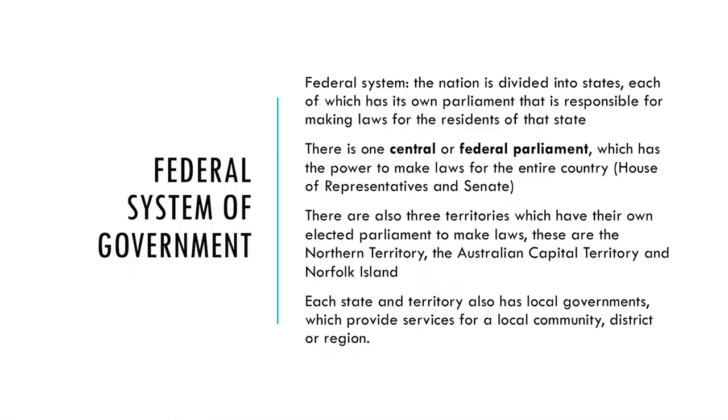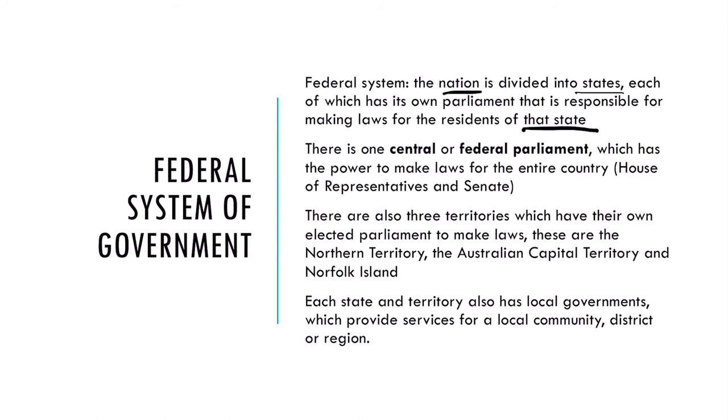Looking a little bit deeper into Australia's system, we have what is called a federal system of government, which means our nation has been divided into 6 states, each of which has their own parliament and is responsible for making laws for the residents of that state.